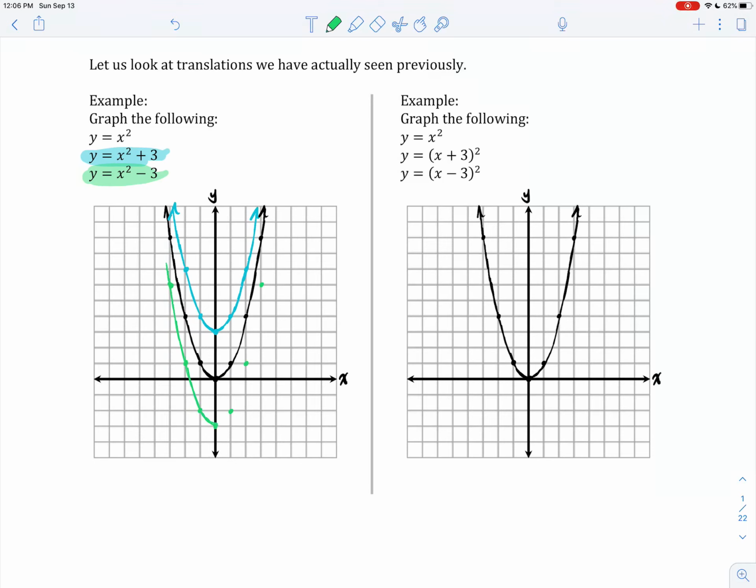We've got these 3 parabolas. And what we know about these 3 parabolas is that there hasn't been any stretch or any kind of flip or anything. Y equals x squared plus 3 is just this black parabola, but shifted up 3.